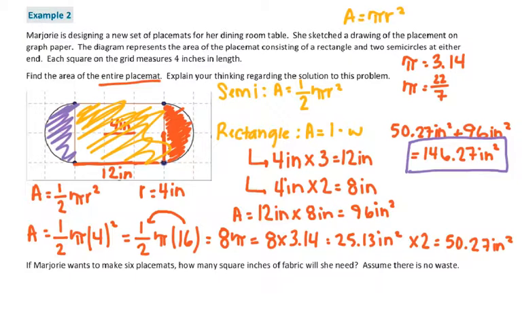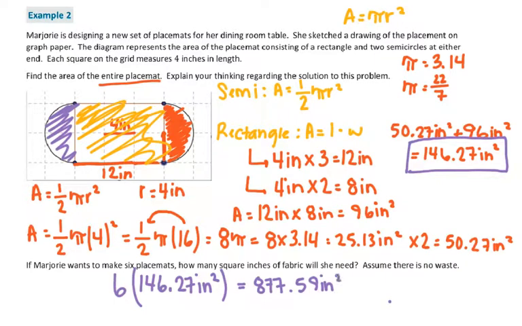So that means that I'm going to take the area that I just found, which was 146.27 inches squared, and I'm going to multiply that area by 6 because she's going to make 6 of those placemats. And so what I find out is that when I multiply that out, she needs 877.59 inches squared of fabric to make those 6 placemats.